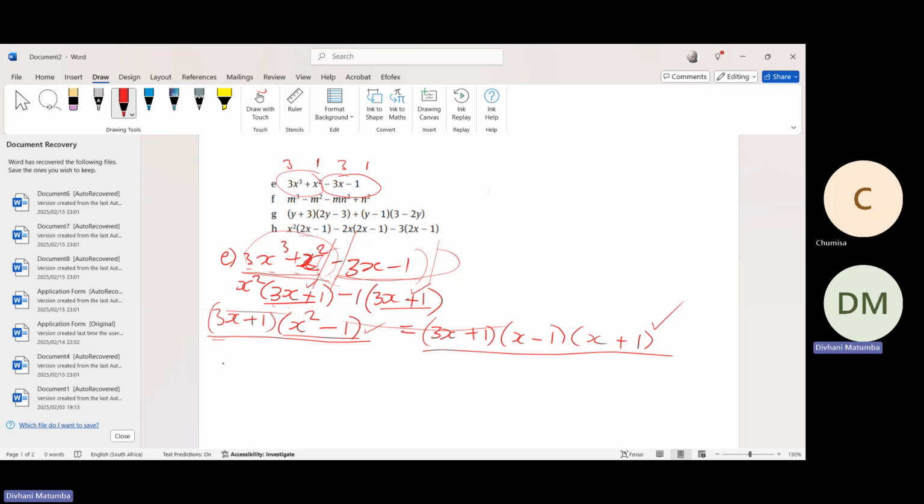Okay. Number F. We have m to the power of 3 minus m squared minus mn squared plus n squared. Usually, if you see four terms, or if you see a lot of terms, usually what they're trying to do is for you to factorize by grouping.